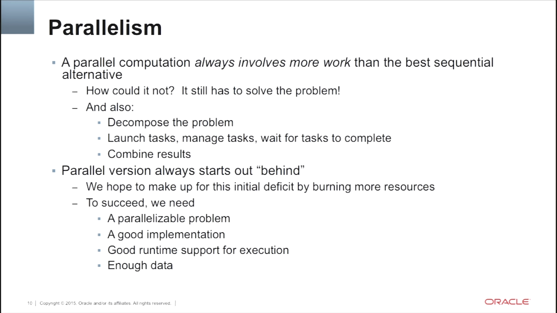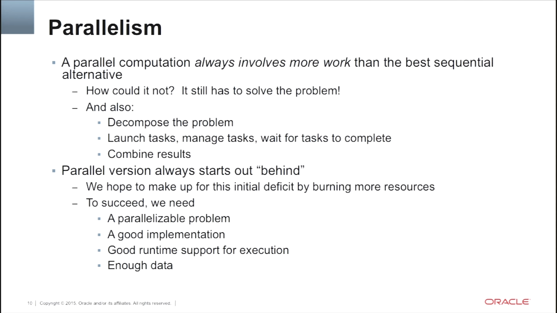And that's all over and above solving the problem. So you can think of the parallel version as always starting out behind, and you're hoping to make it up in volume, right? You're hoping to get enough of a benefit from, I've got 8 cores chewing on the same problem. I'm hoping to pick up enough benefit to make up for the fact that I had a more complicated process of partitioning and doling out tasks and waiting for tasks and merging tasks and all of that.